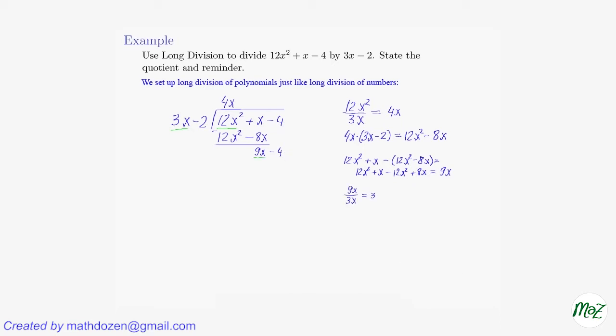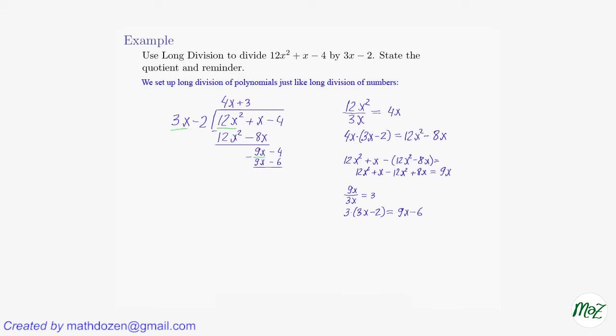Again, we focus on the leading terms, and it's 9x divided by 3x. All of that works out to be 3. So plus 3 is the next term in the quotient. Then we multiply 3 by 3x minus 2, and we get 9x minus 6.